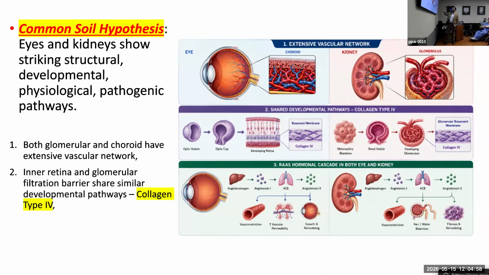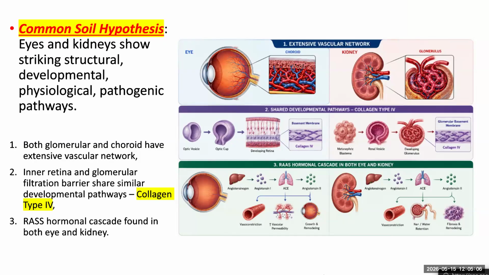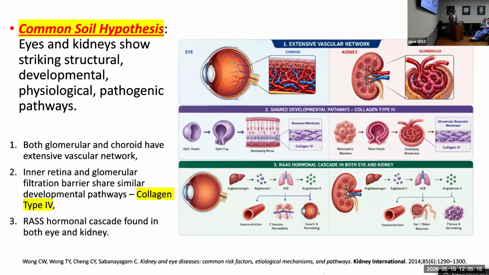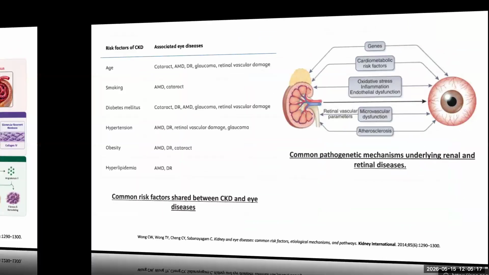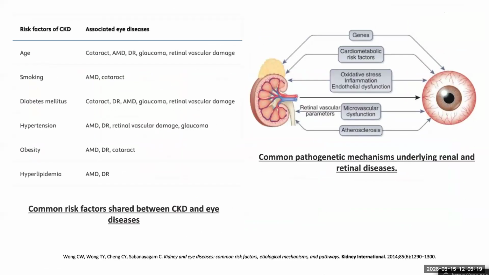Similarly, the basement membrane with type 4 collagen has a counterpart in the retina. There is a RAS system active in both, more localized in the eye and more systemic in the kidneys. One of the articles calls this the common soil hypothesis. They share common risk factors and pathogenic mechanisms.